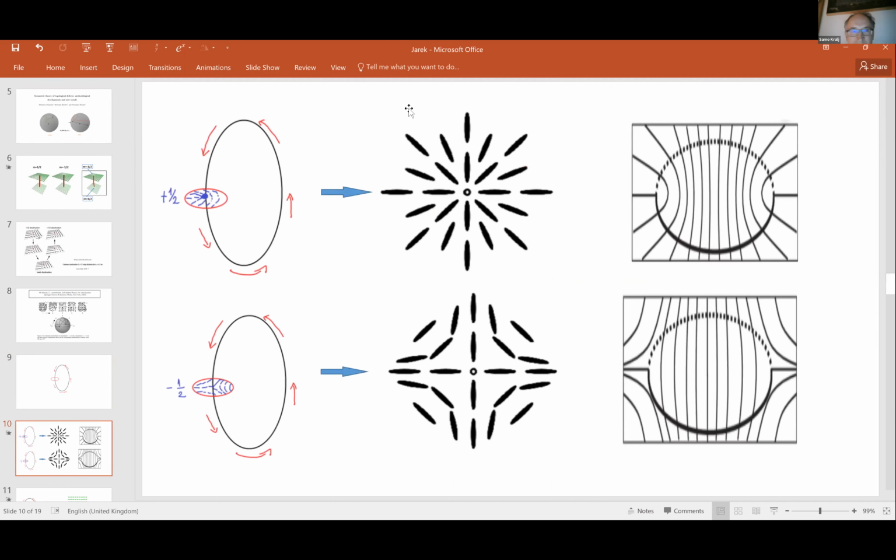So if we start, for example, with this 1/2, and if I make a loop, I go around, and I don't change anything, so all the time this structure inside is the same. Then if I look from far distance, I see that I get a hedgehog-like defect.